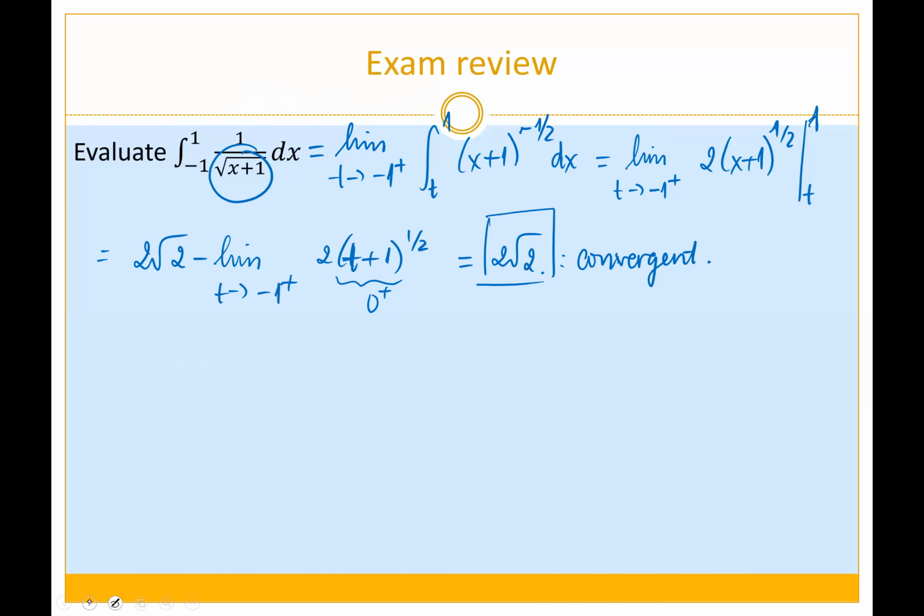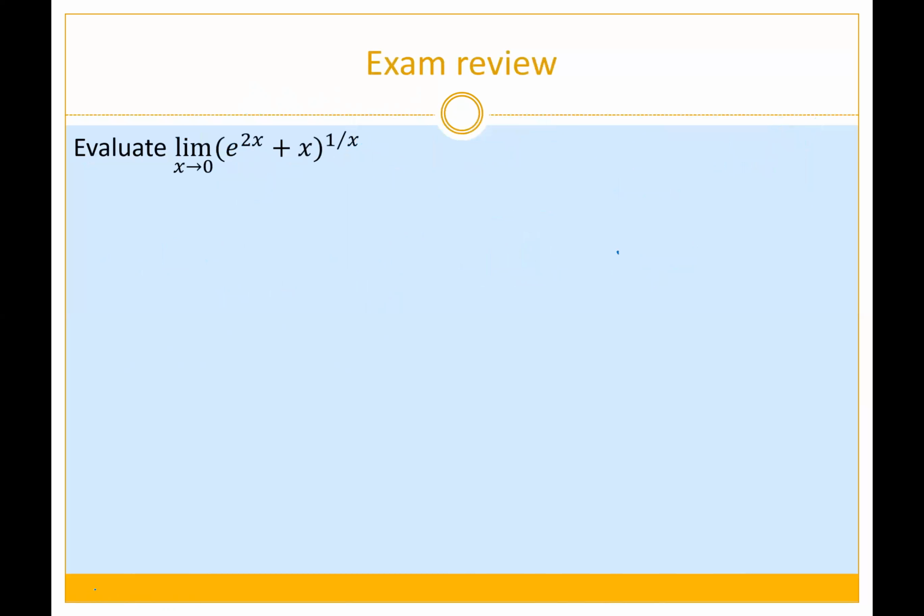Then we have that. The next one is an indeterminate form, but we don't know what form it is. The first thing we're always going to do is plug in. So when you plug in 0, you're going to have 1 plus 0, so 1 to the infinity. So this is where you put it into a product first and then a quotient.